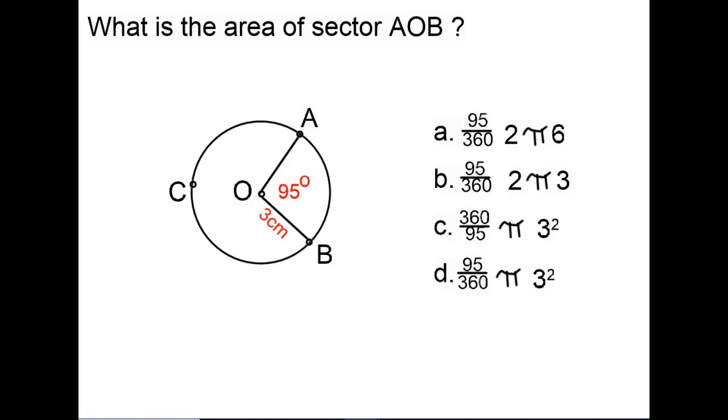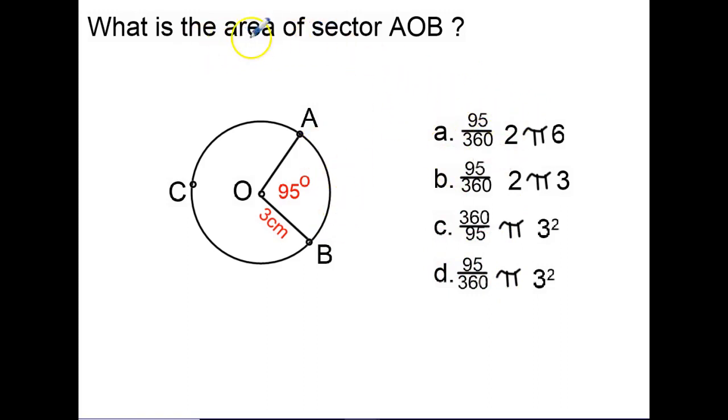And here are the problems that they have a couple of on the SOL. You're going to have to give me the area of this sector right here, the 95 degrees of the circle. Well, since it's 95 out of the 360 degrees in a circle, then our fraction in front of the problem is going to be 95 over 360.